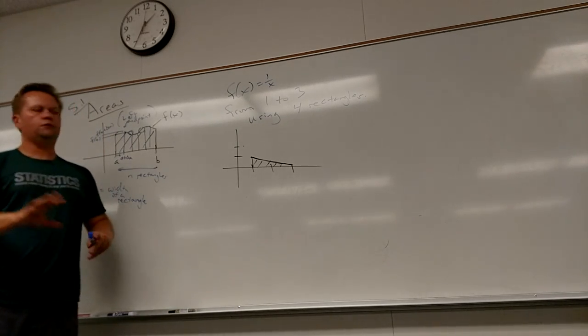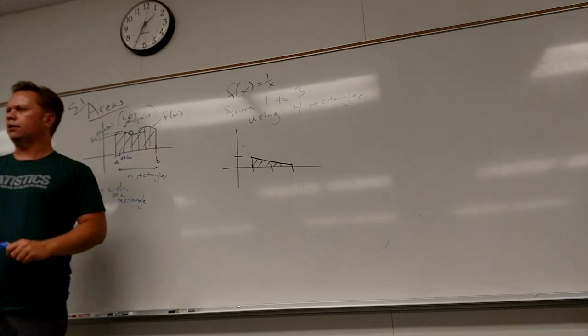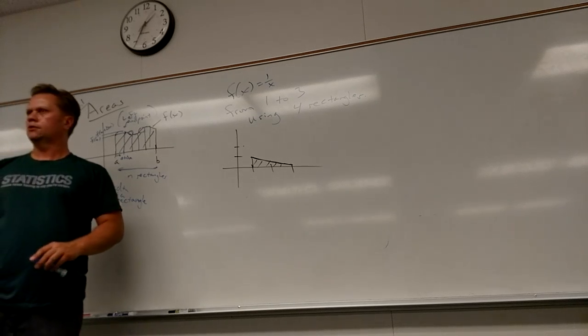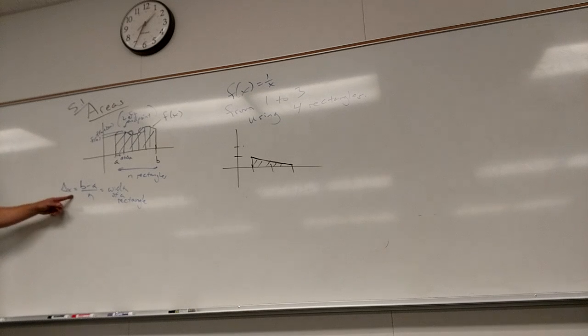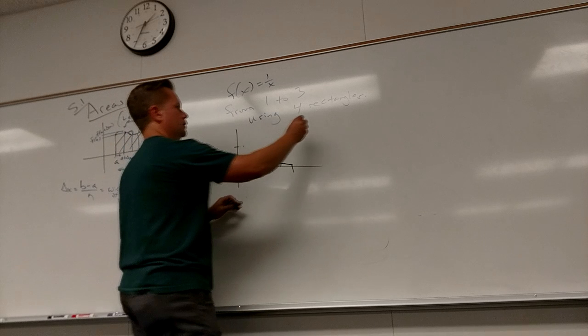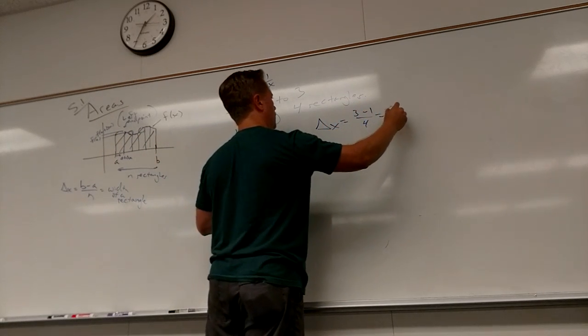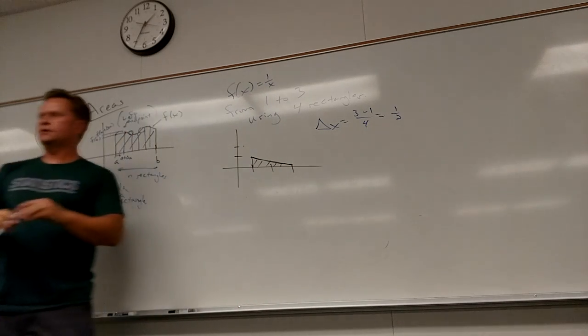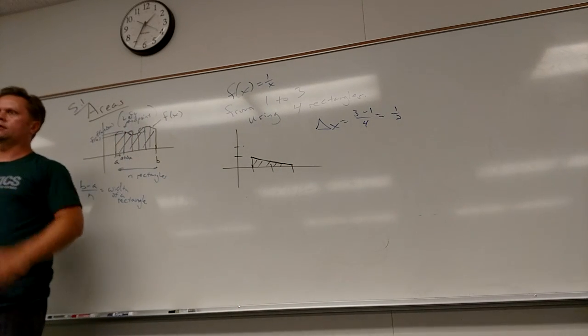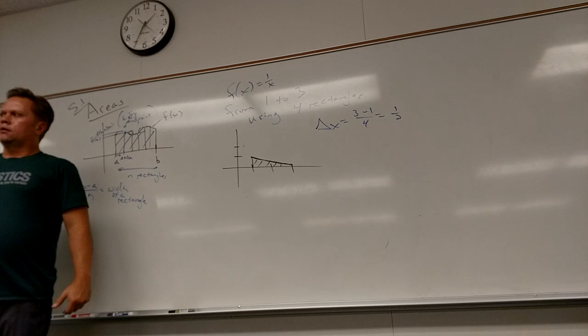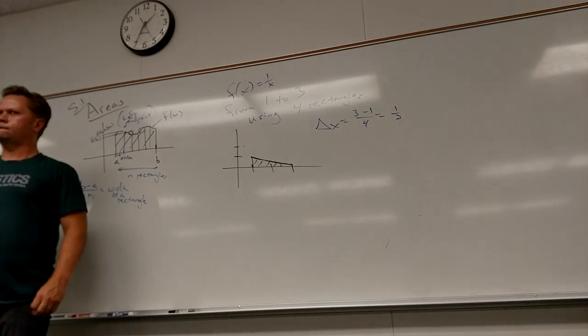So first off, we can calculate how wide our rectangles have to be. Using that formula, how wide will our rectangles have to be? Yes, 3 minus 1 divided by 4, so 1/2. They have to be half a tick wide, right? How we doing so far?